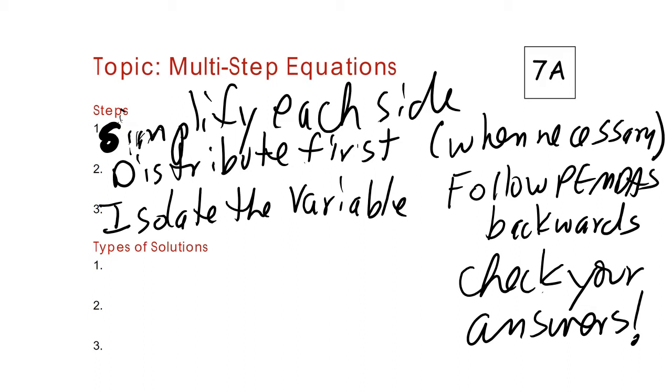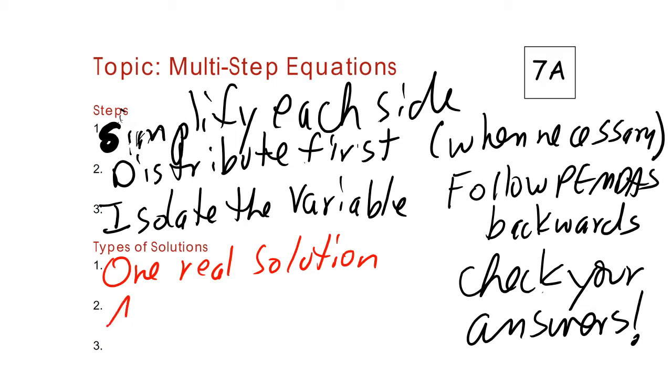Now, there are different kinds of solutions that we're going to be getting. This is something new. Most of the time we will get one real solution. But there are going to be times when the variables disappear and we will get no solution.